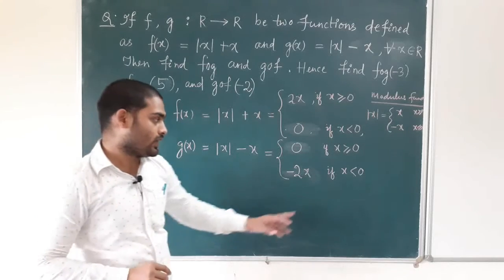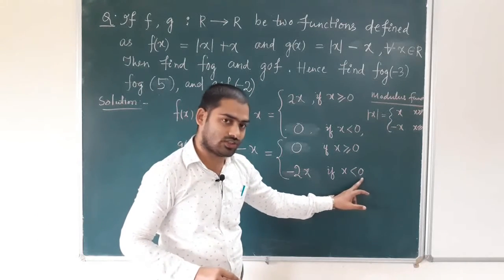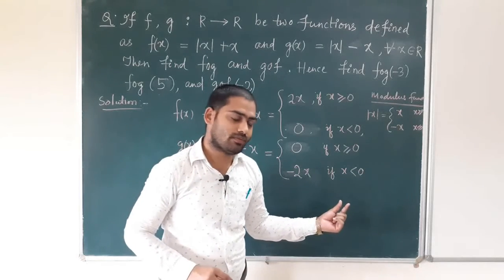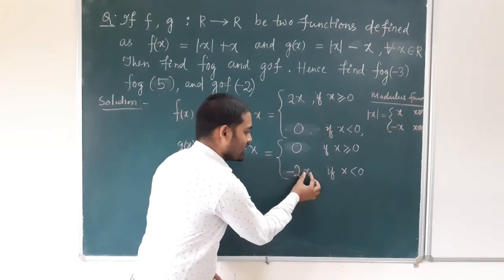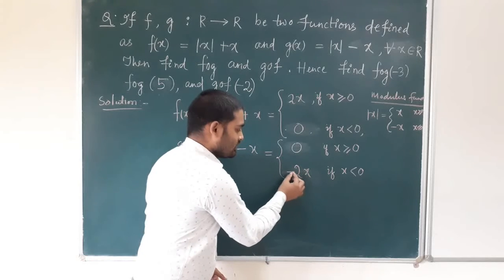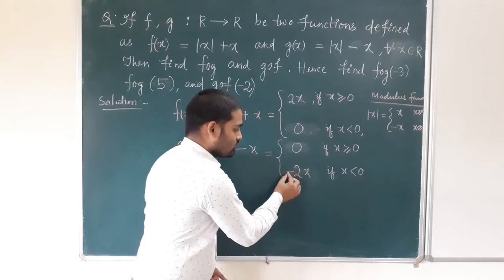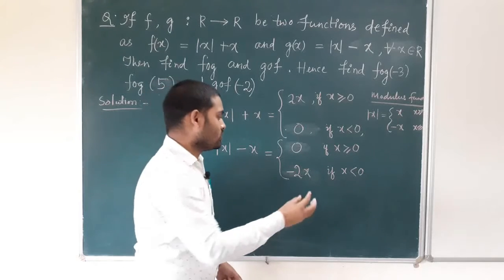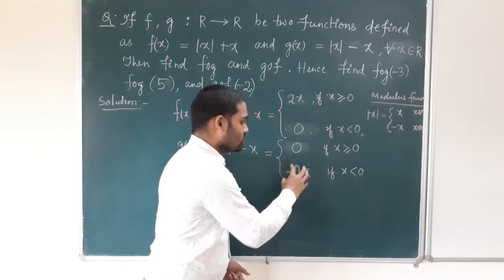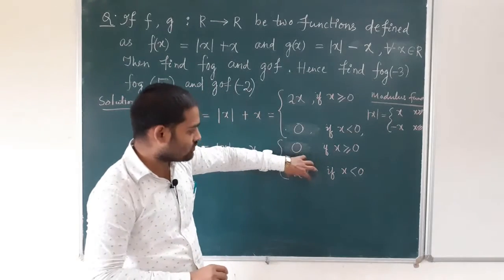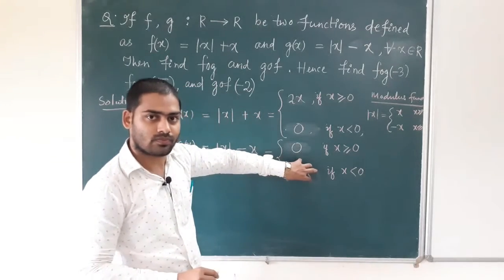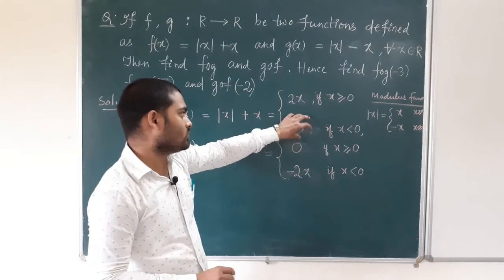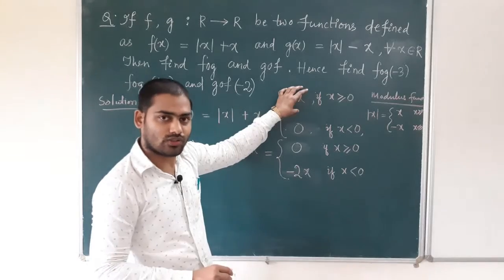When x is less than 0, means x is negative, if you put a negative value, then minus into minus becomes plus, so this value is positive. So this is 0, this is 0, and this is positive.